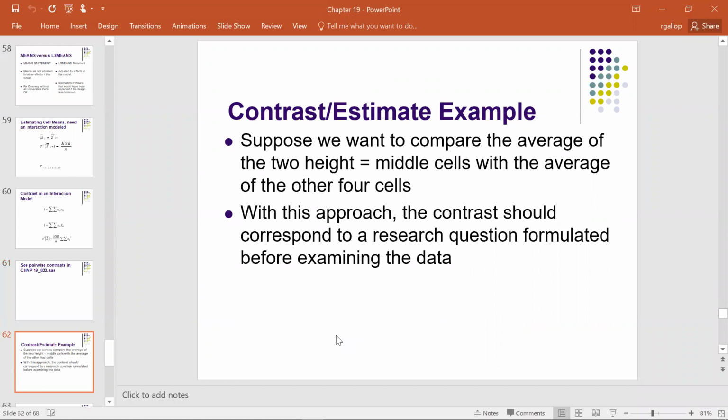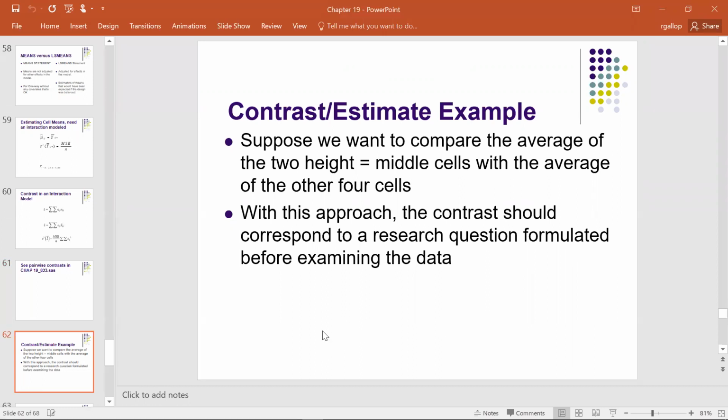So suppose we want to compare the average of the 2 heights in the middle cells with the average of the other 4 cells. So namely, in this case here, we got mu 1, 1, mu 1, 2, mu 2, 2, or 1, 3, mu 2, 1, mu 2, 2, mu 2, 3.